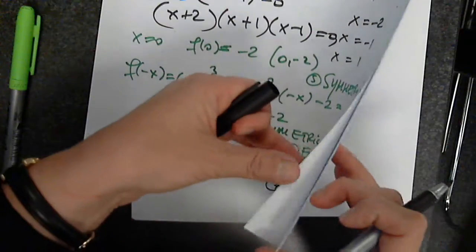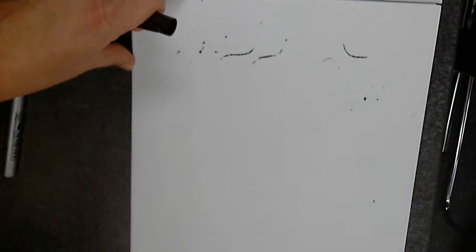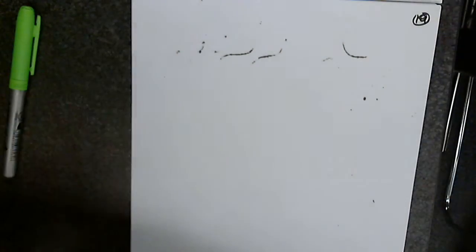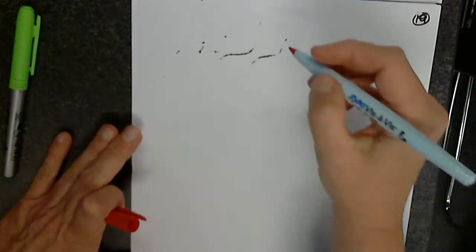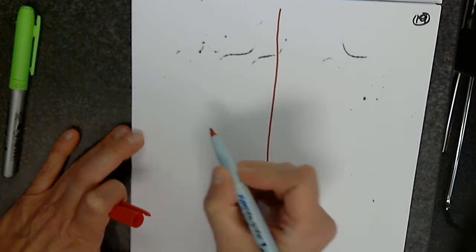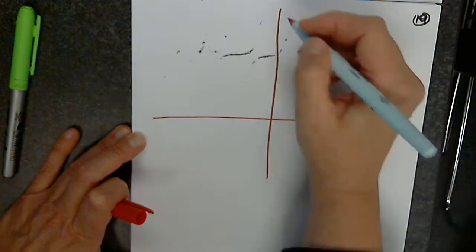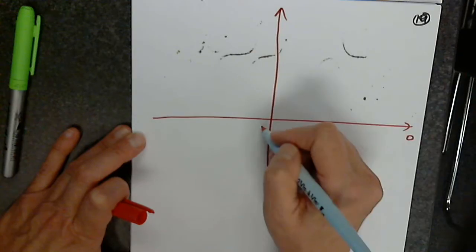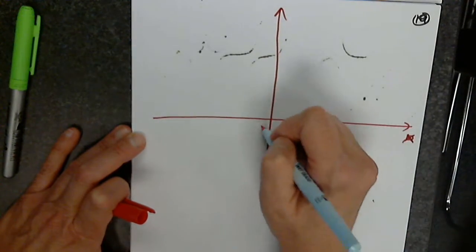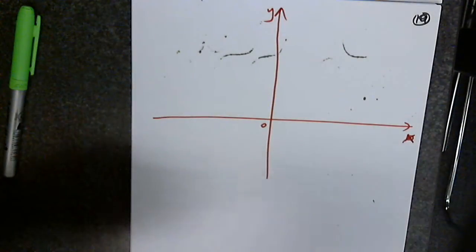We talked about multiplicities, we talked about end behavior, we talked about domain, we talked about x and y intercepts, max, min. I think this is 10. Okay, ready? Okay, here it is.